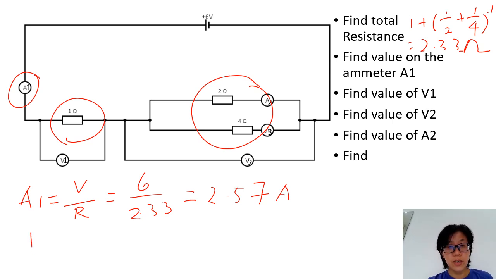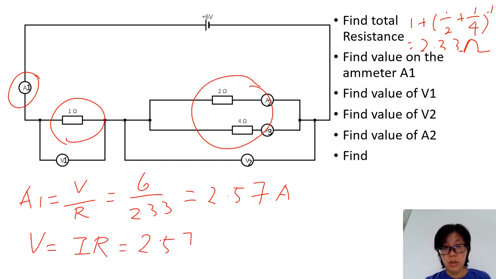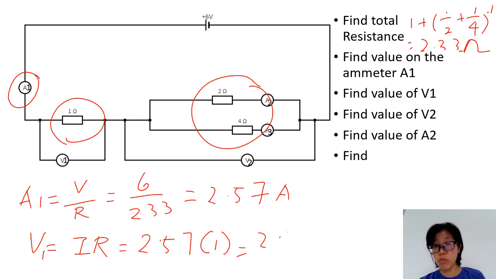Alright, so now we find the value of V1. V equals IR. So the value of I in this case is 2.57. Maybe we write the formula down. IR. So in this case, the I is 2.57 because now it's the voltage across the 1 ohm resistor, so we use 1. Hence it's 2.57 volts.